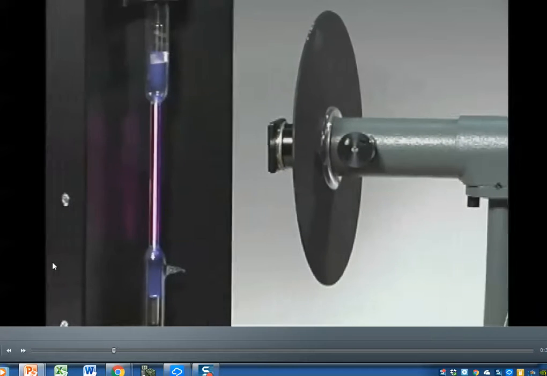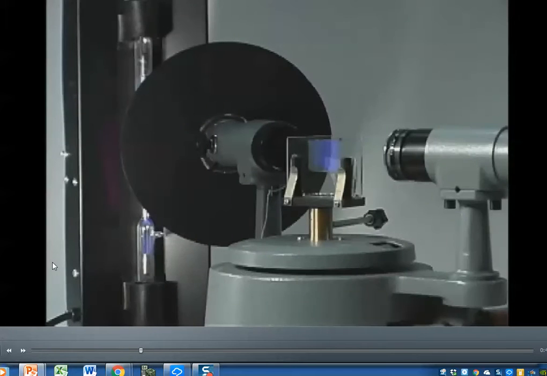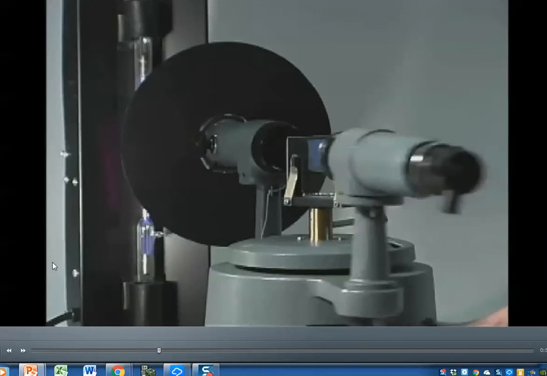In this thin vertical tube, hydrogen gas has been excited by an electric current. The molecules split into separate H atoms, which absorb electrical energy and then emit light. The spectroscope separates this light into individual wavelengths, which appear as lines in the spectrum. Look through the eyepiece to see the 4 major lines in the visible spectrum of atomic hydrogen.